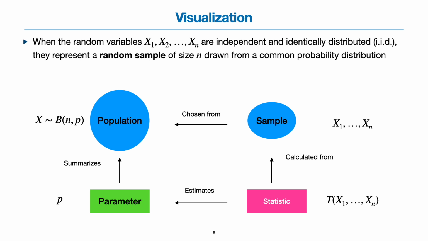So for every statistical inference problem, you really need to have this picture in mind: what the population is, what the sample is, and what the parameter and the statistic are. And in this case, we are mainly interested in finding suitable or appropriate statistic functions for solving different inference problems for different distributions.